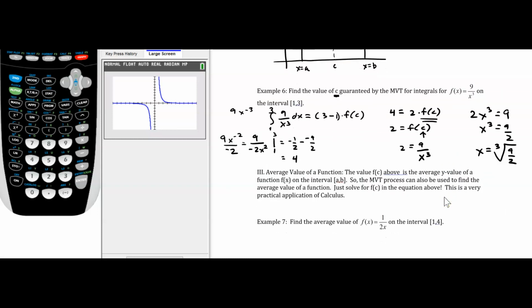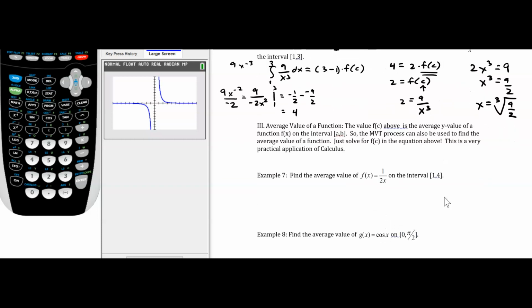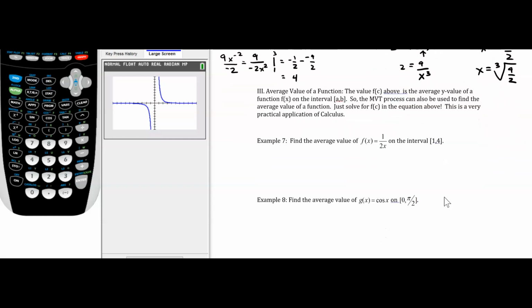And so let's go down here and actually work with this now. So the average value of a function is f of c from above. And so when you get the question that says find the average value, you could simply say the average value is equal to 1 over b minus a times the definite integral of the function from a to b.